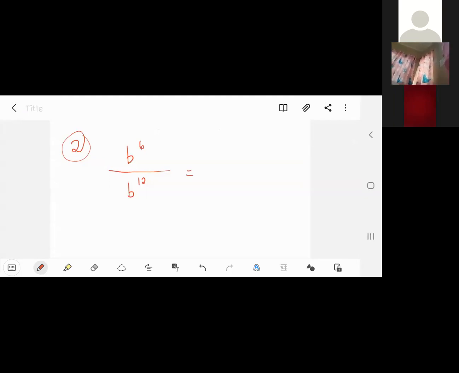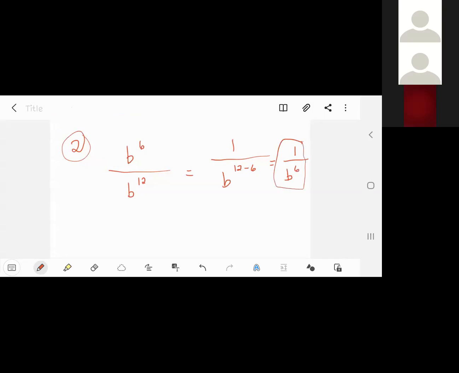Okay, now let's check your answers. Saan ang mas malaki? Numerator or denominator? Denominator. What rule does it apply? Rule 1, 2, or 3? Rule number 2. Therefore, kung mas malaki ang sa denominator, you subtract the variables sa denominator. So 1 over b to the power of 12 minus 6 is equals to 1 over b to the power of 6.